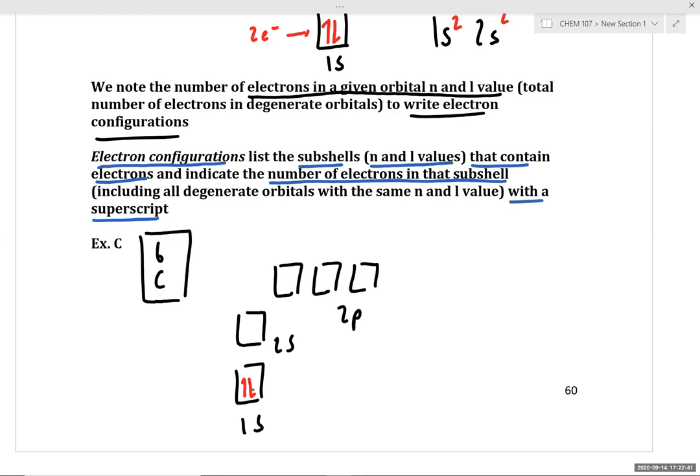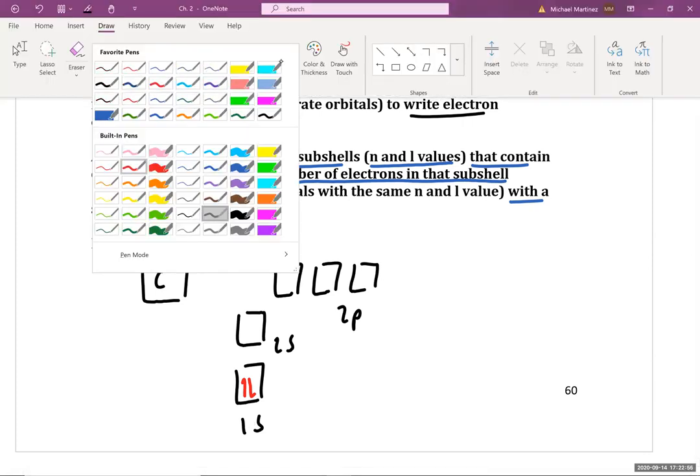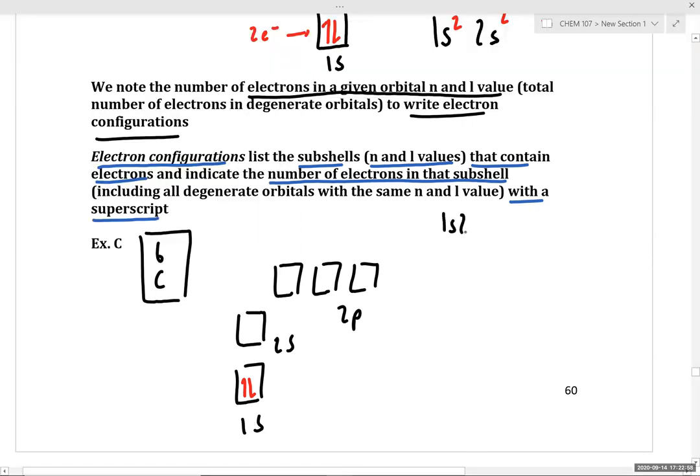Professor, I have a question really quick. Yes. When you're writing in the 1s, what is that? That is the orbital n and l value. Remember our general orbital energy ranking that went 1s, 2s, 2p, 3s, 3p? Yes.